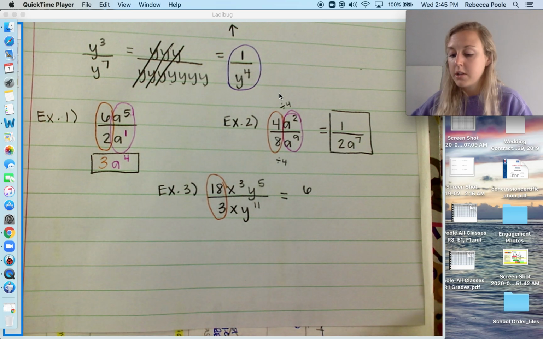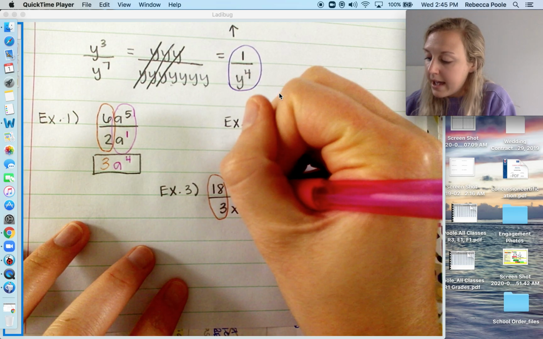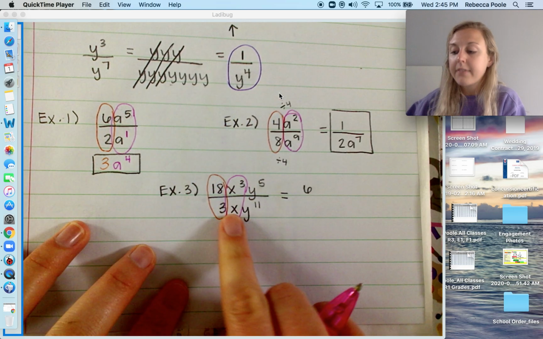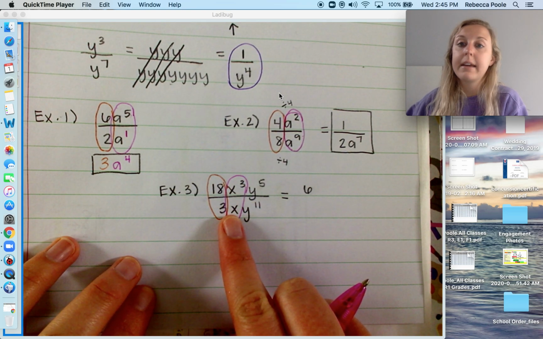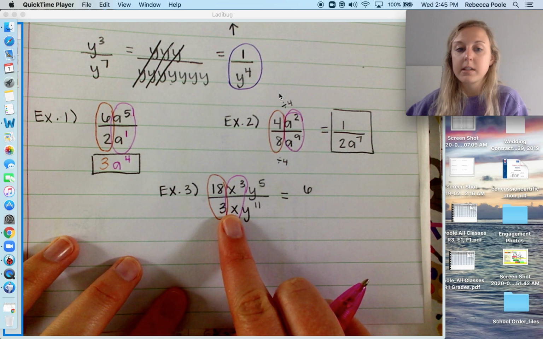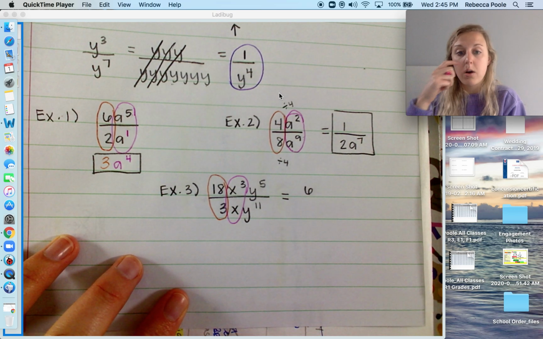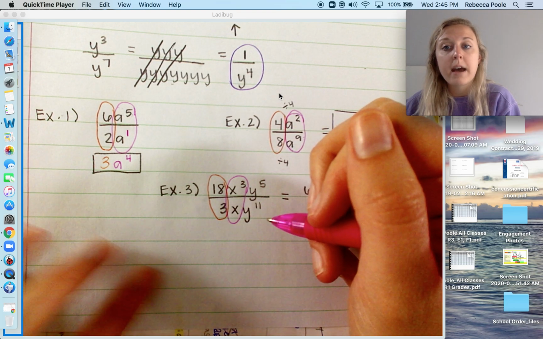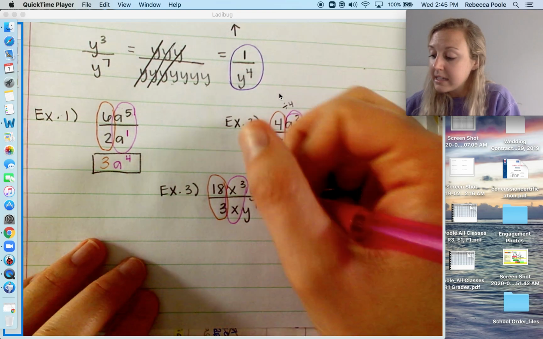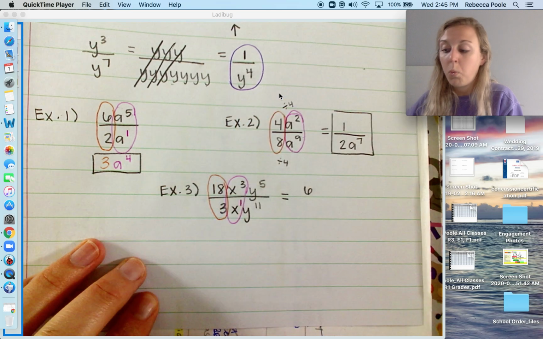All right? So now I'm going to move on to my x's. They have the same base, and we're dividing, which means we subtract the exponents. Good, because we're taking something out, so we're subtracting. Now, this bottom x doesn't have an exponent that we can see, which means it's an understood 1.